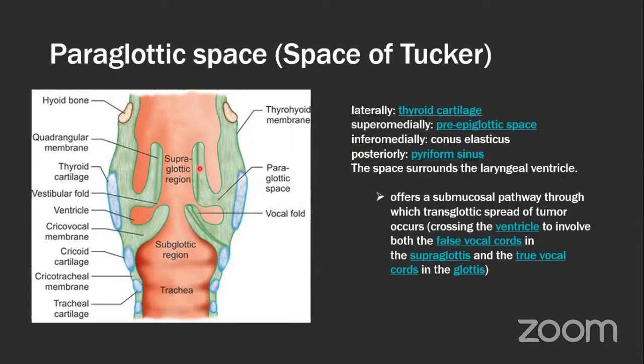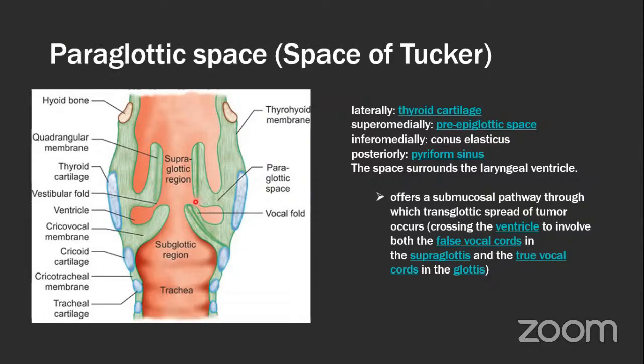Medially, the lateral wall of the larynx is the medial boundary, and the lateral boundary is the posterior part of the thyroid cartilage. Laterally, thyroid cartilage, and superomedially, you can get the pre-epiglottic space. Inferomedially, the vocal fold or the conus elasticus. And this space surrounds the laryngeal inlet.